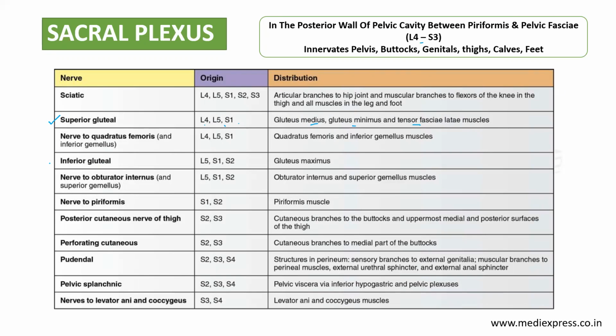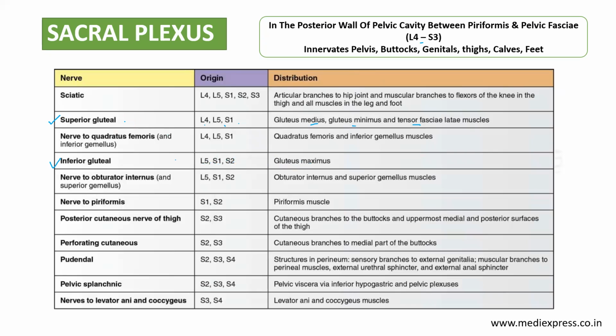Next one is the inferior gluteal nerve. Inferior gluteal nerve also leaves via the greater sciatic foramen and it supplies the gluteus maximus muscle. This also does not have any sensory supply. It is only a purely motor nerve. The root value is L5, S1 and S2.